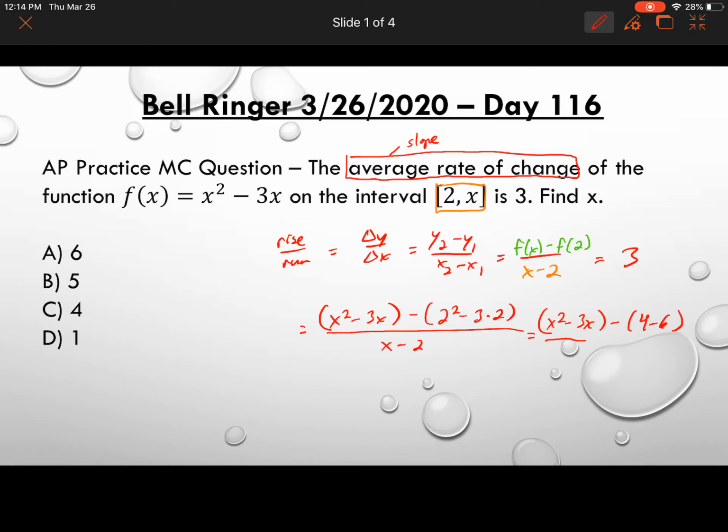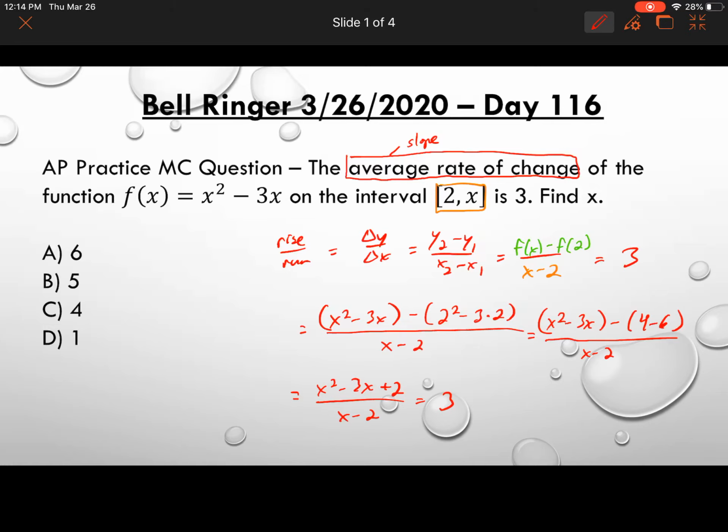Note the use of parentheses to make sure we keep whatever's negative, negative. 4 minus 6 is just negative 2, so we have x squared minus 3x, minus negative 2, so it becomes plus 2, all over x minus 2. And once again, that is equal to 3.